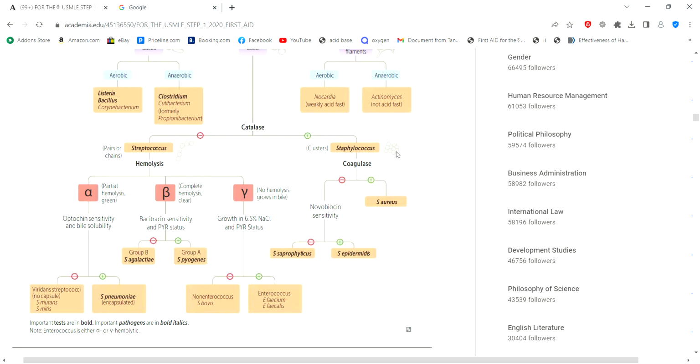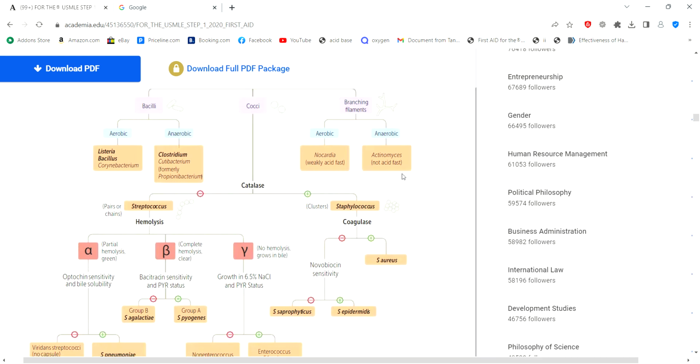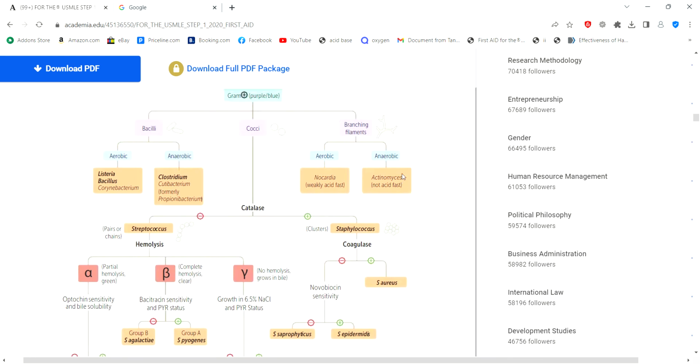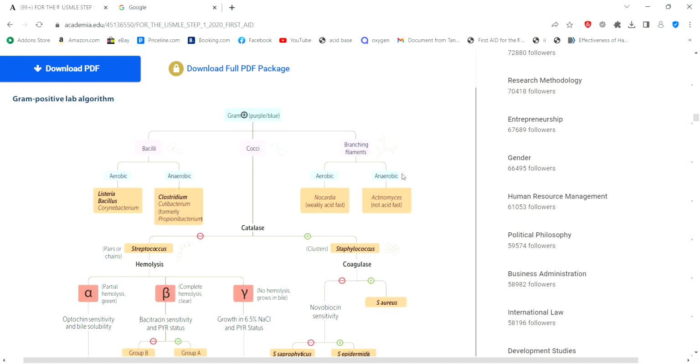Remember how we said cocci? It is one of the three categories of gram-positive bacteria, and we go down and see if it's catalase negative or catalase positive.